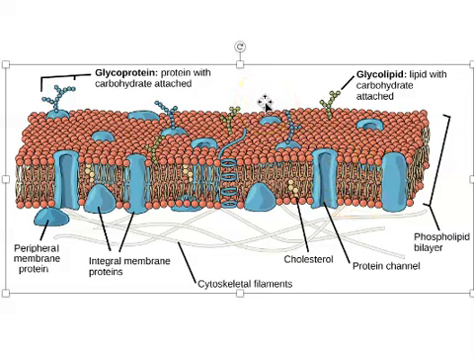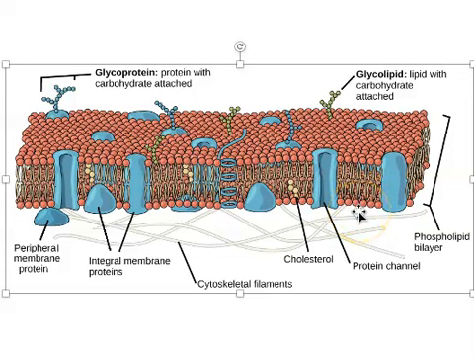In this picture, this represents the outside of the cell, and this represents the inside of the cell. So the heads on both sides of the membrane are facing the watery environment, and the tails are tucked away from the water in the middle of the membrane. This is referred to as a bilayer.